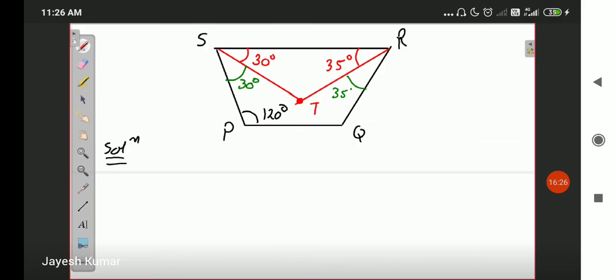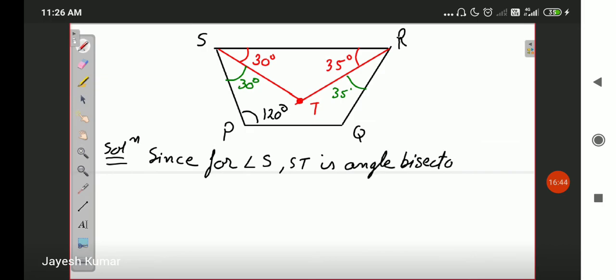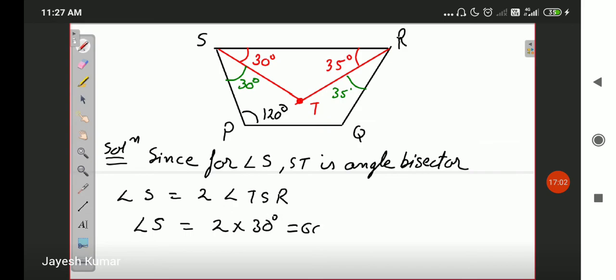In solution, first of all, I will say, since ST is angle bisector, that means angle S is equal to twice of angle TSR. That means value of angle S should be equal to 2 into 30 degree, that is 60 degree.